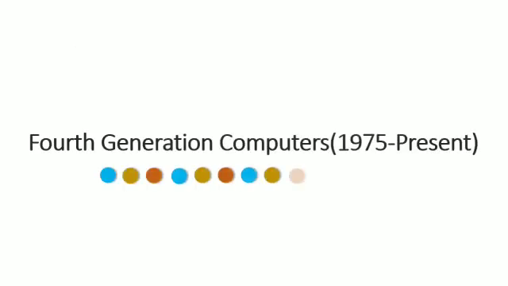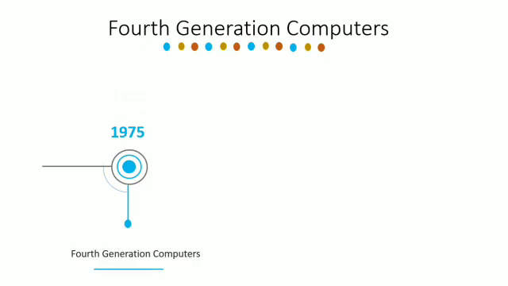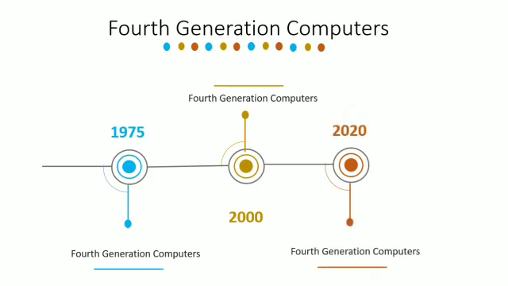Let's learn about fourth generation computers. Fourth generation computers were used from the year 1975 till today. The computers that we are using, desktop computers and laptop computers, are based on the microprocessor.